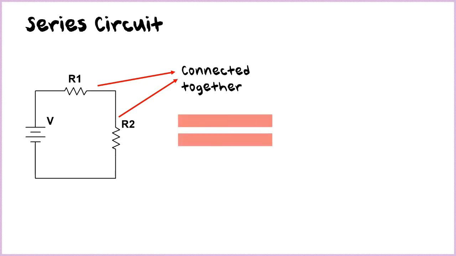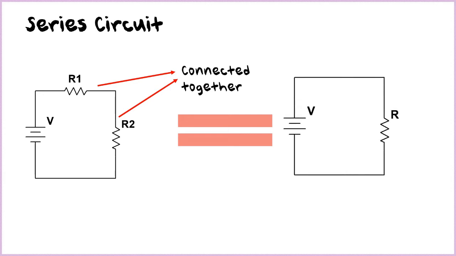And we would solve the series circuit to make it a simple circuit with just a single resistance in the circuit. So we would convert complicated circuits to a simple circuit, which we would call the total resistance.